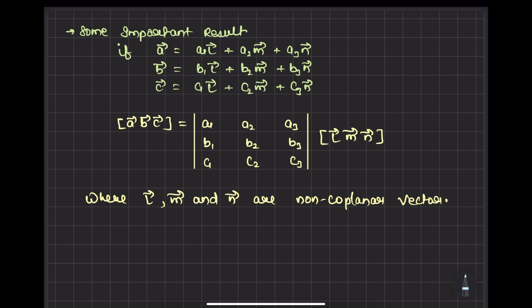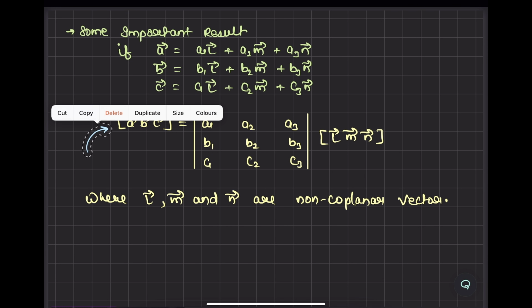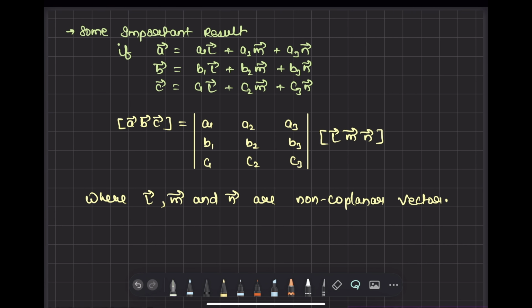Suppose the vector is written as a combination of vectors, then we go with this idea. Now suppose you cannot apply any one of these ideas, but you can find a dot b, b dot c, which means you can find the dot products. Then how will you respond?